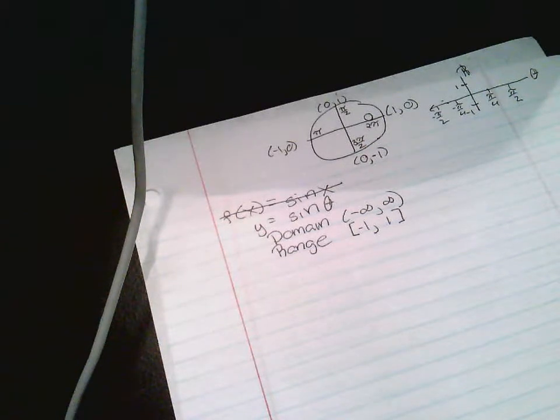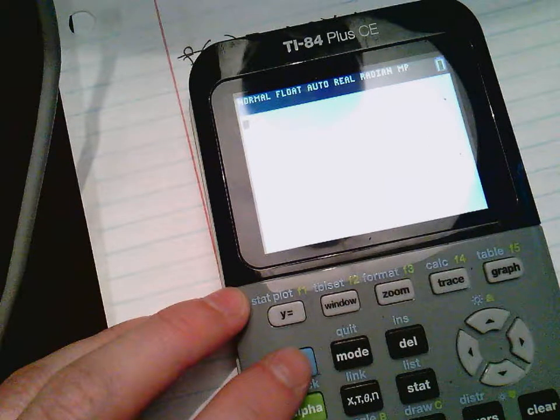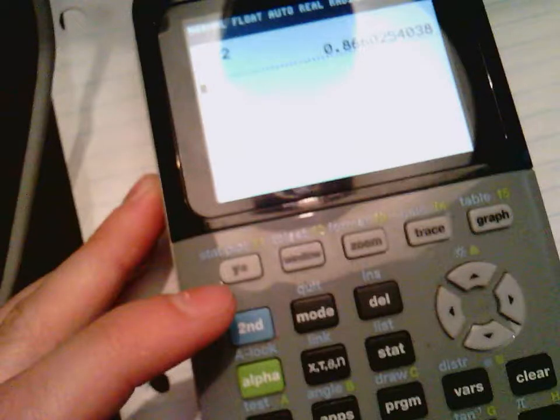Okay, so we got square root 3 divided by 2, 0.8666. So everything's going to be lower than 1, not on the four corners. Let's go ahead and get started graphing sine.